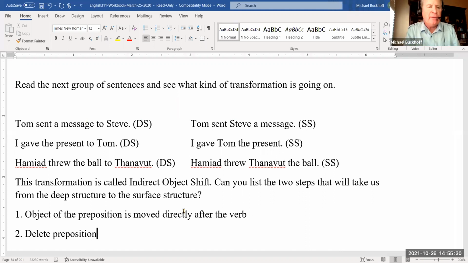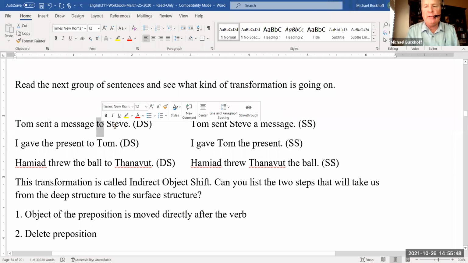What do you guys think? The surface structure? I'm going to say no. I think non-native speakers will understand this better because they see how that preposition fits in there and introduces this word.